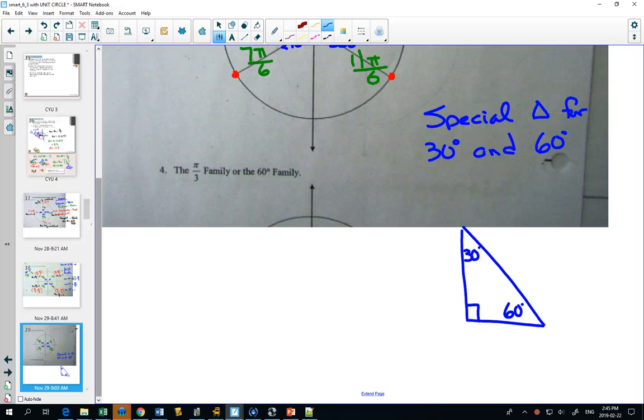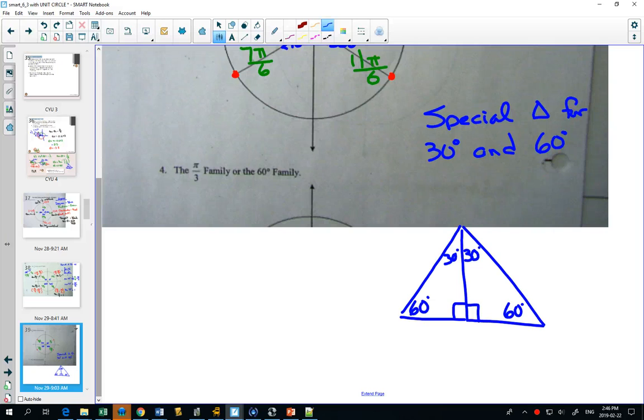Are you special? No, I'm not special either. Okay. So these two not special triangles get together because they're both not special. They become friends. And if I draw the other not special triangle right beside it, together they become something special.